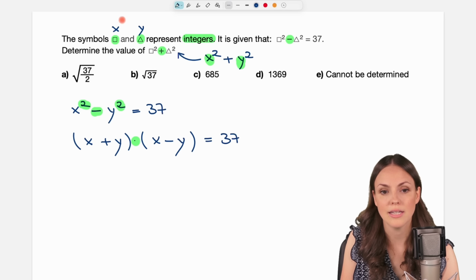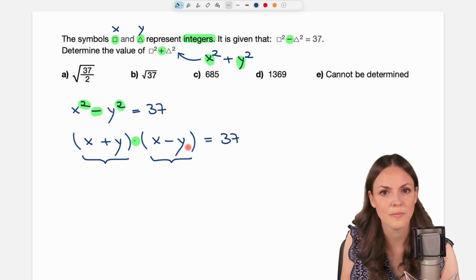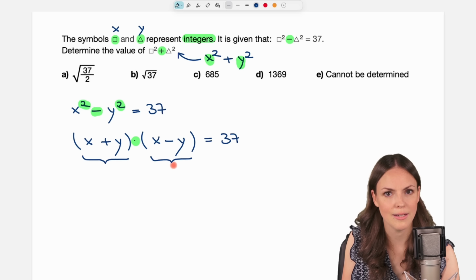And because x and y are integers, x plus y is also going to be an integer. And the same thing here: x and y are integers. If I subtract two integers, I get another integer again. So we multiply two integers on the left side.